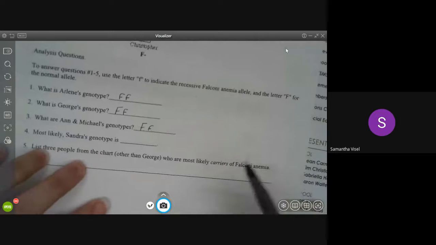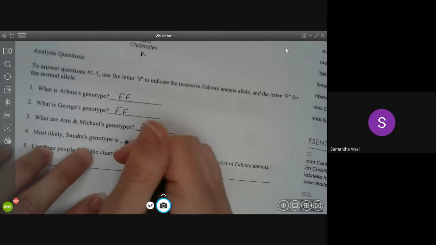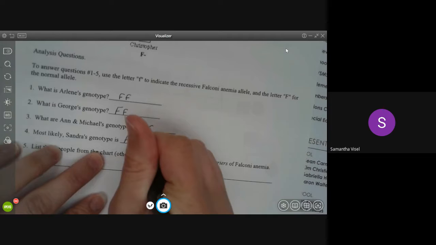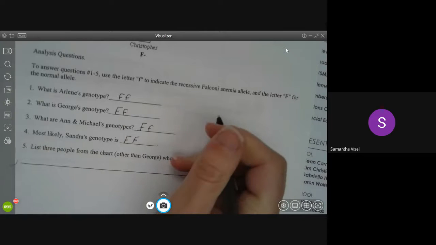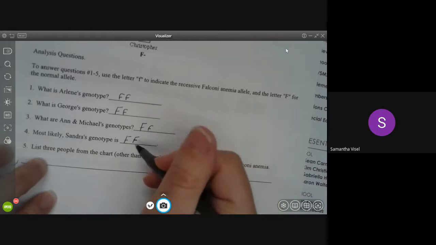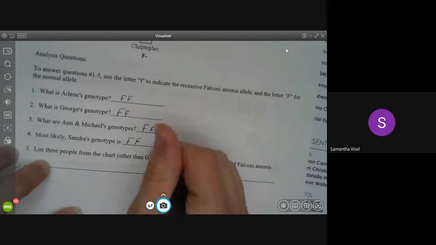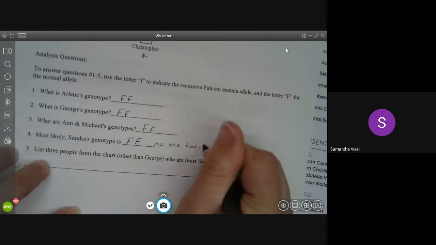But if we were to pick one based on likelihood, since neither of her children has it, most likely Sandra marries into the family and is homozygous dominant. So she happens to not carry the anemia. Most likely.